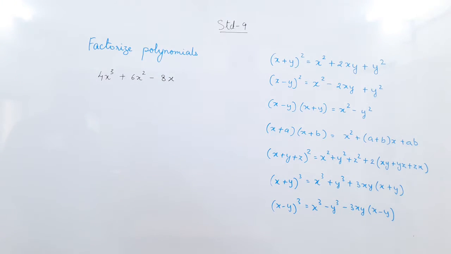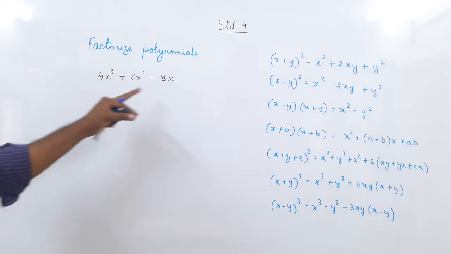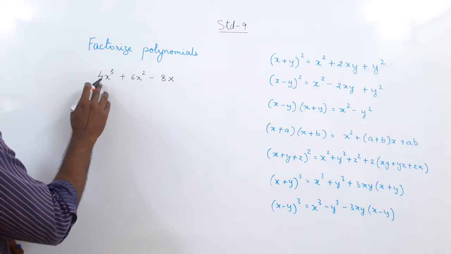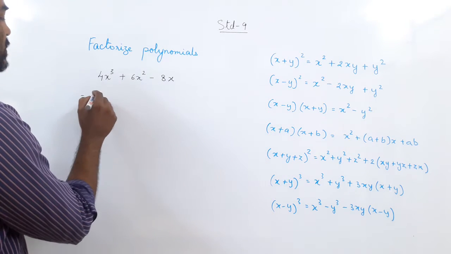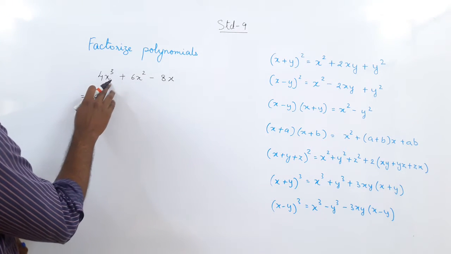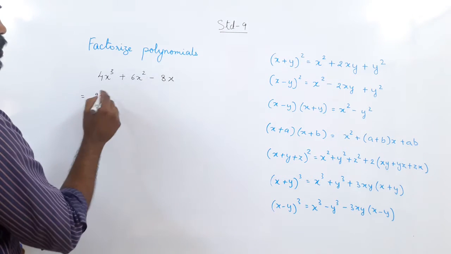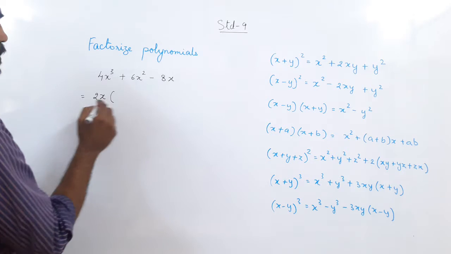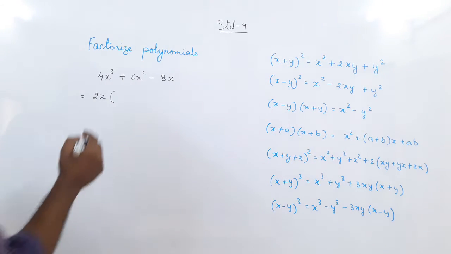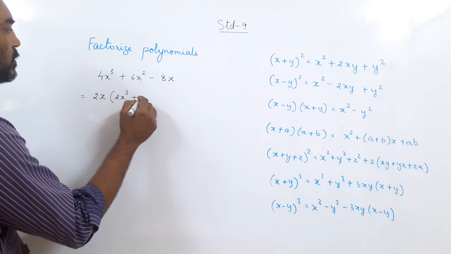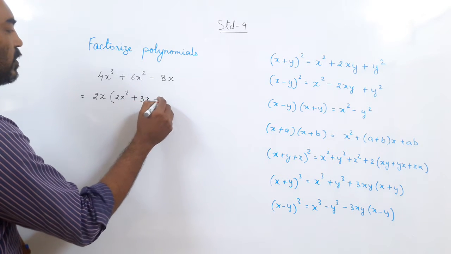The first basic step is to see, can anything be taken common, the HCF. You will find 4, 6 and 8 have the HCF 2, and this is the power 3, this is the power 2, this is the power 1. So the smallest power is 1, so x comes out common. So 2x comes out common, and we are left with 2x square plus 3x minus 4.